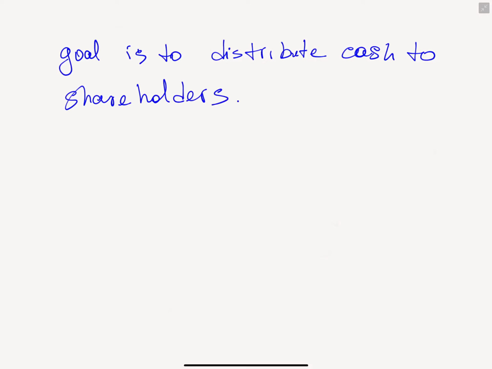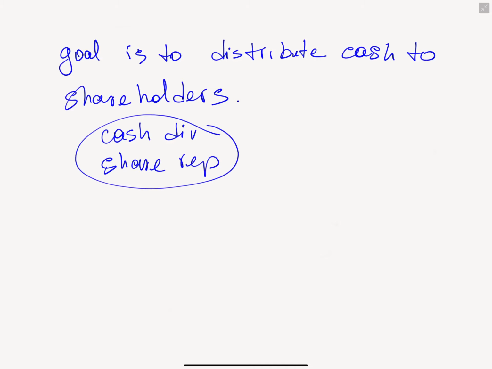Cash dividend and share repurchase have the same effect, because the goal is to distribute the cash by paying a cash dividend or buying back shares.